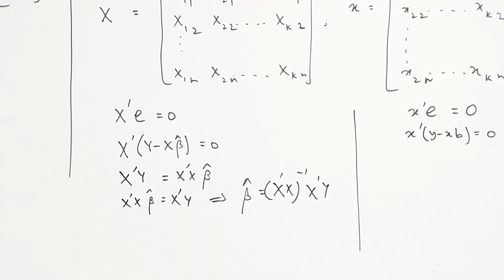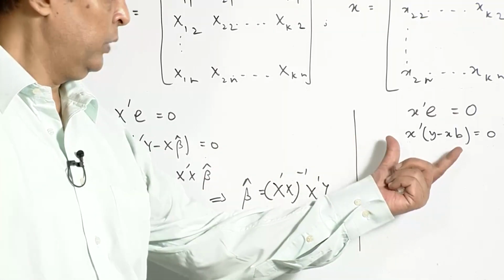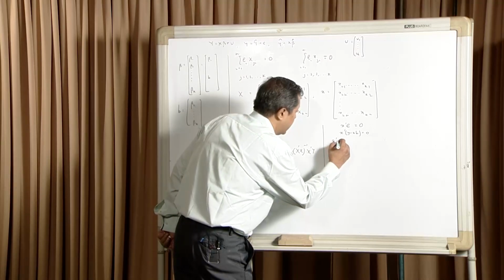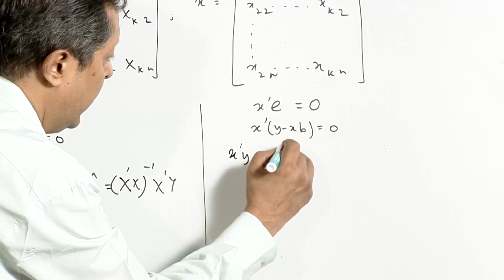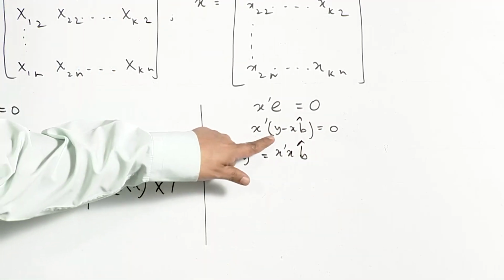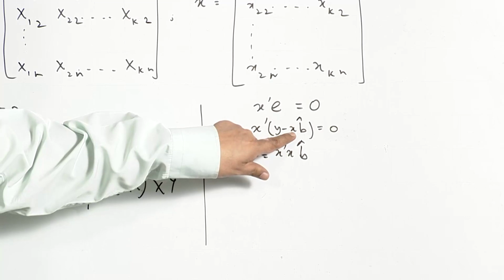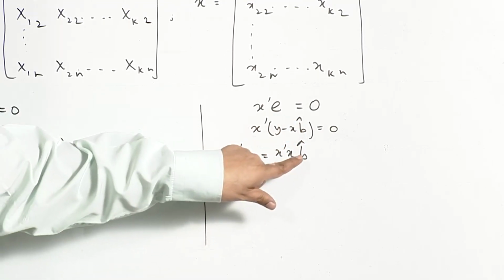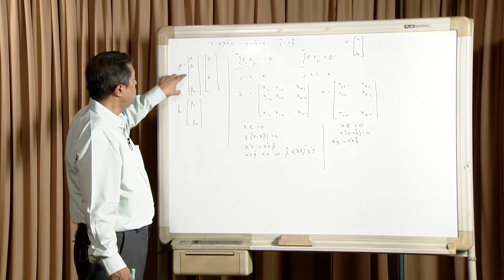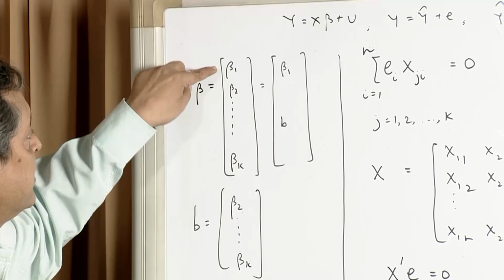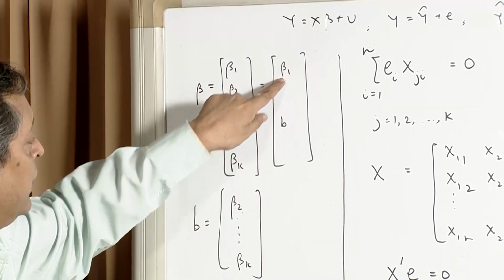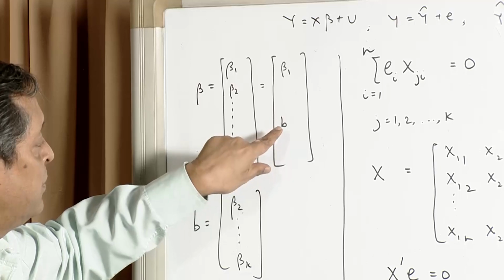Similarly, if we are dealing with the model in deviation form, then we write small x prime y is equal to small x prime x b hat, because y is the observed and small x b hat is the estimated. Remember please that b hat is only from beta 2 to beta k. So, beta is intercept plus all the slopes, and intercept is beta 1, all the slopes together are represented as b.